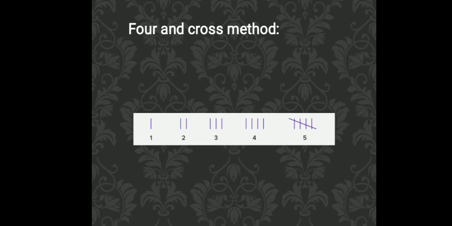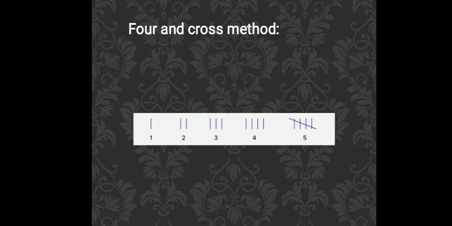In this method, if any particular number comes a single time, it can be represented by a vertical line, and if this particular value or mark comes twice, it can be represented by two vertical lines. If it comes thrice, it can be represented by three vertical lines, and if it occurs four times, it can be represented by four vertical lines.